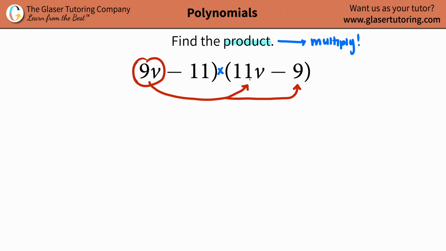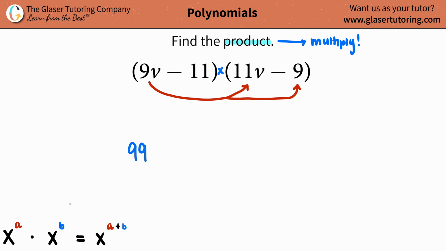So 9v times 11v. Work with your numbers first. So we have 9 times 11, so no different. 9 times 11 is 99. So I got 99 to start with, and now I have a v value times a v value. Now this is multiplication with variables. There is a property for that, which I'll put right here.